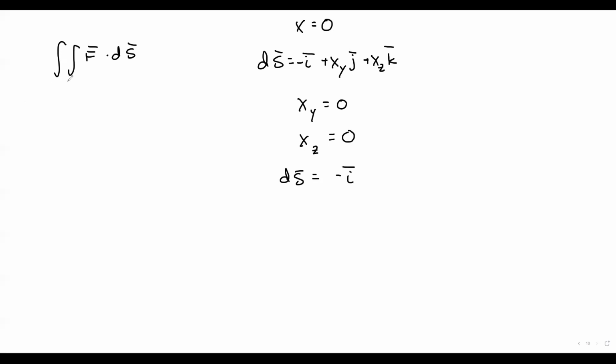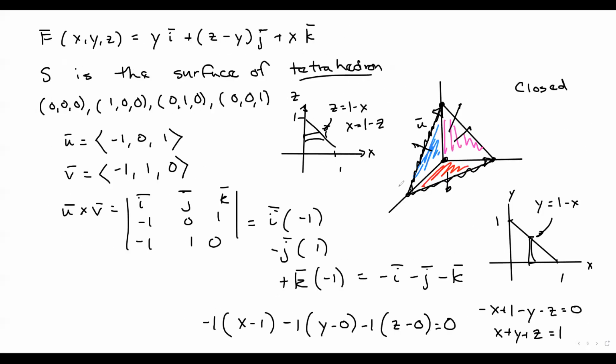All right, and then finally we can change f over. Where the x's are, put zeros, and leave the y's and j's alone. What are we going to get? We're still going to have yi, we're still going to have z minus yj, and the x is 0, so that gets rid of the k term.